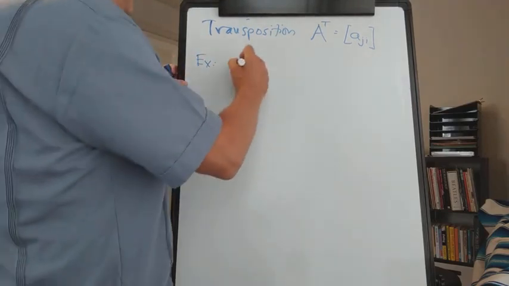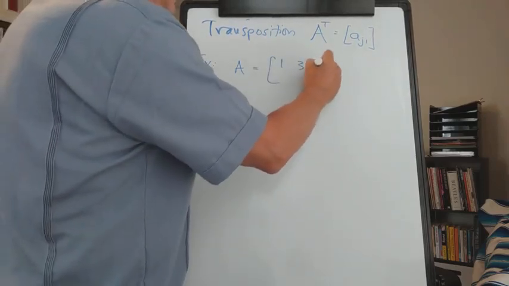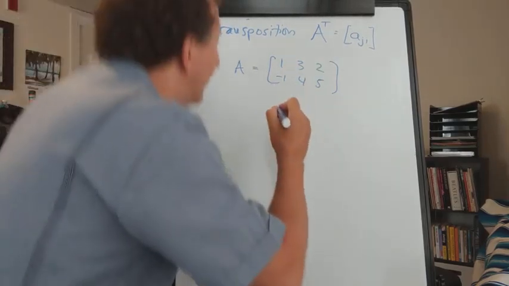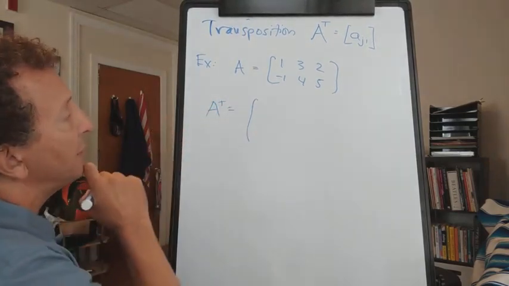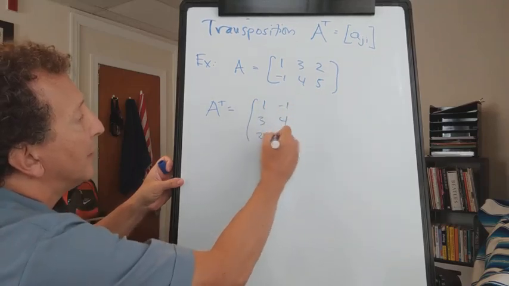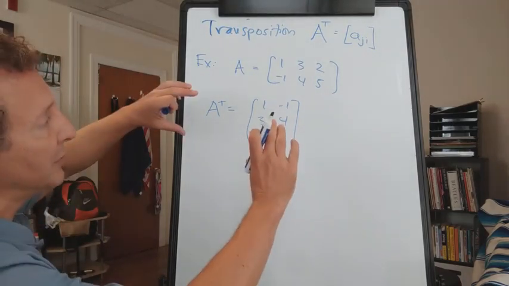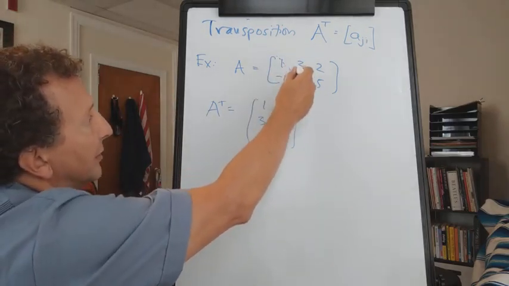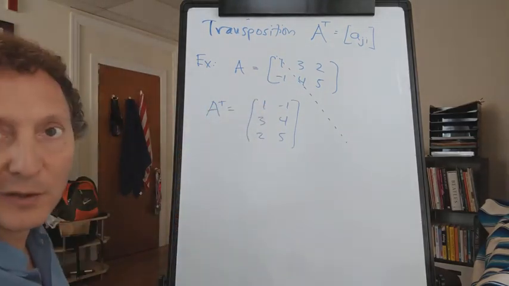So for example, if A is the 2 by 3 matrix 1, 3, 2, negative 1, 4, 5, then A transpose is the 3 by 2 matrix 1, negative 1, 3, 4, 2, 5. So we just sort of flip it along the diagonal. I guess you could draw a line there and reflect the matrix in that diagonal line.